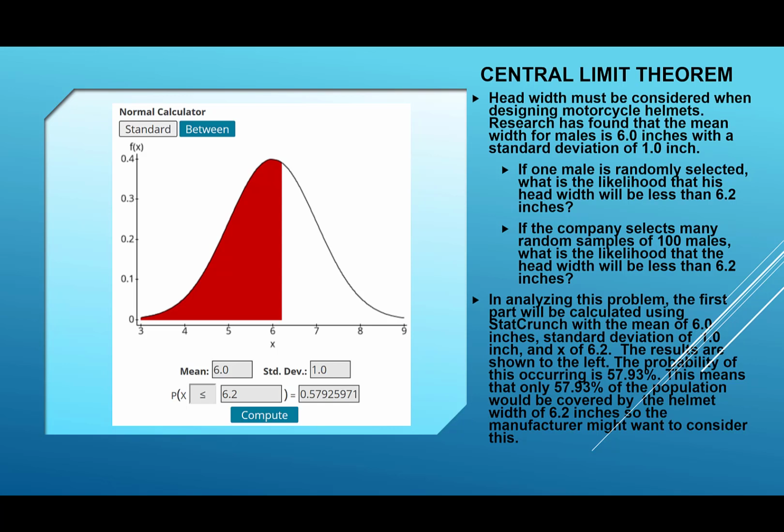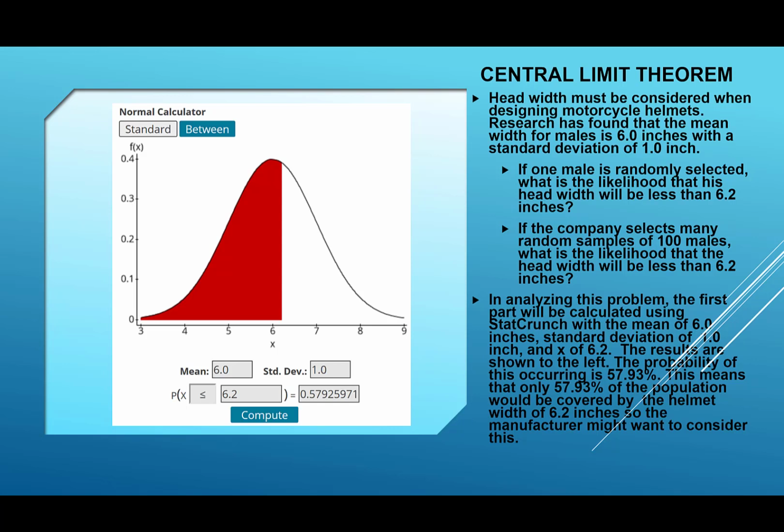Now, in looking at this problem, in the first part, we're going to go ahead and use StatCrunch with a mean of 6 inches, a standard deviation of 1 inch, and our x value is going to be 6.2. And we're doing a less than.